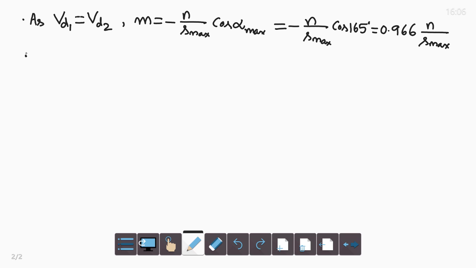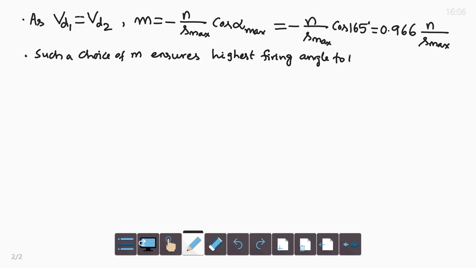So, such a choice of m ensures highest firing angle to be obtained at the lowest speed, giving highest power factor.